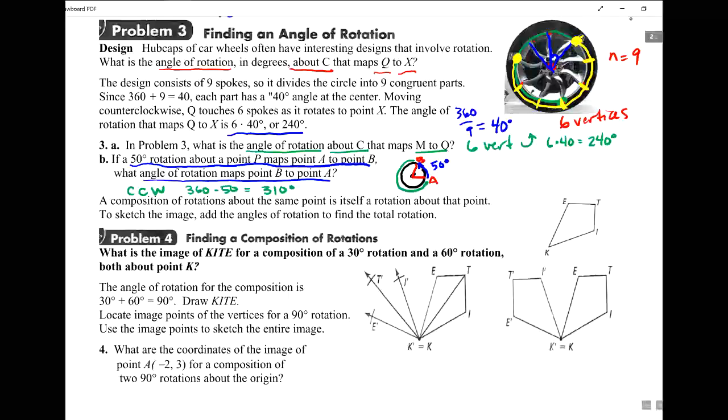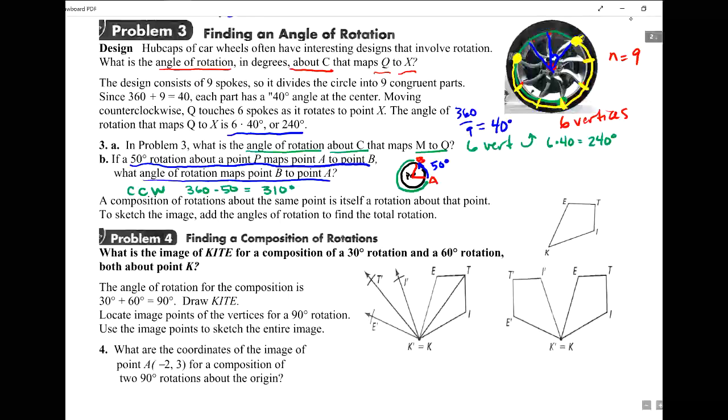All right, part B says if a 50-degree rotation about a point P maps A to B. So I just drew a little circle here. I've got center P, and I know that going from A to B counterclockwise is 50 degrees. Then it says, what angle of rotation maps point B to point A?